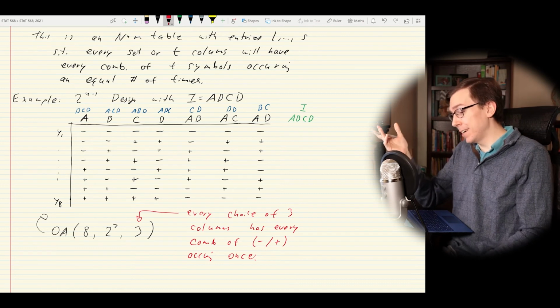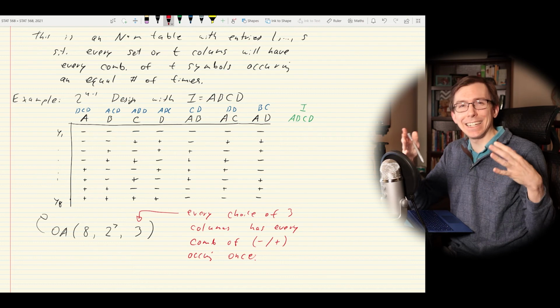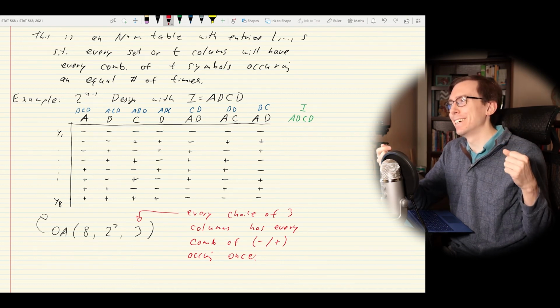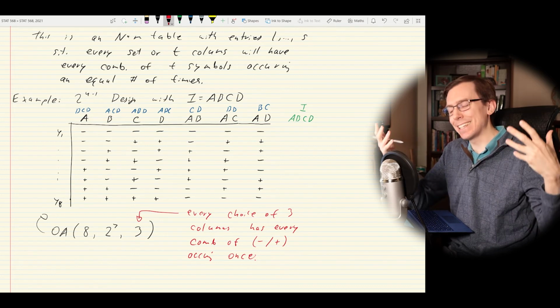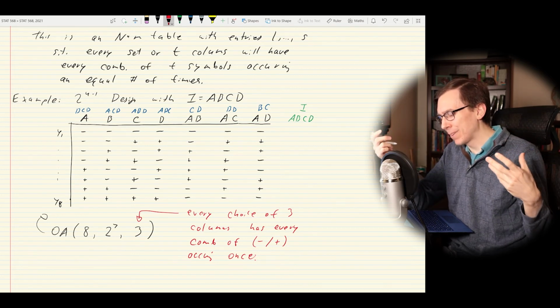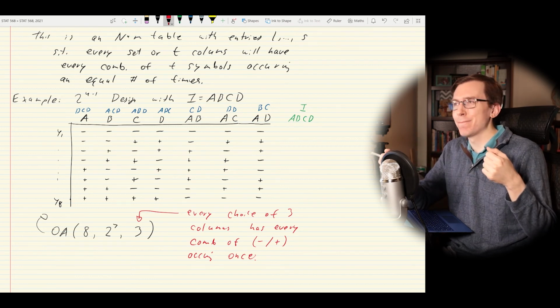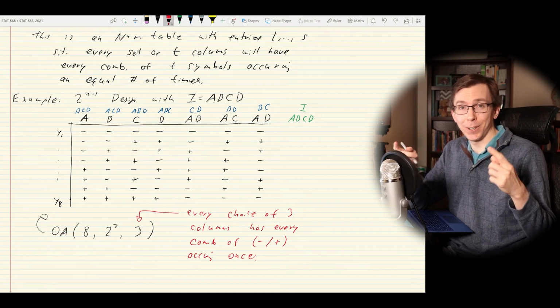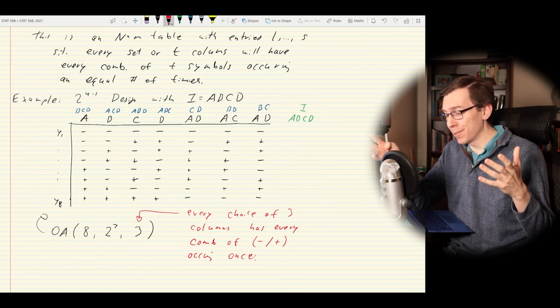Now, this is a useful thing to be aware of. The idea of strength is generalizing this idea of orthogonality, right? If I have 2 columns, they're orthogonal if every combination of symbols occurs an equal number of times. This is extending it to triples and so on.